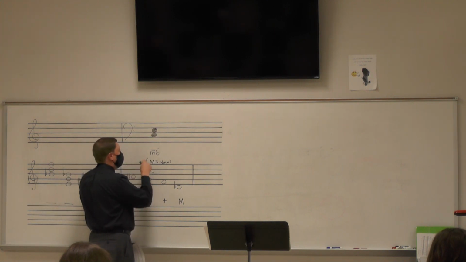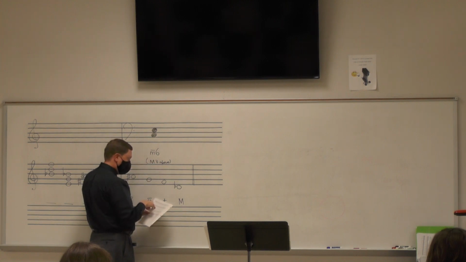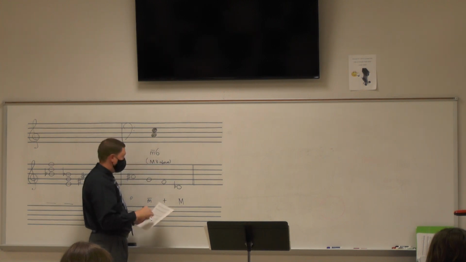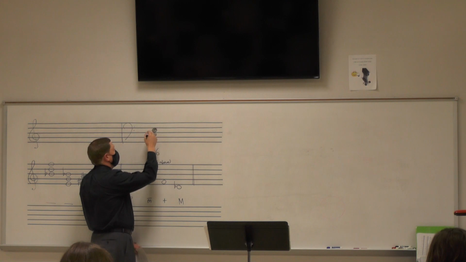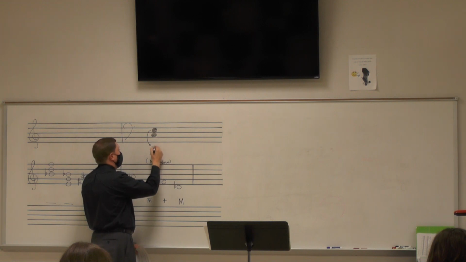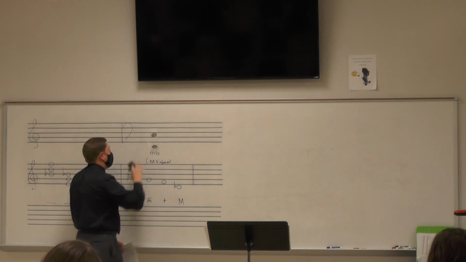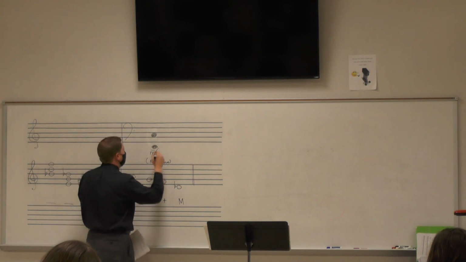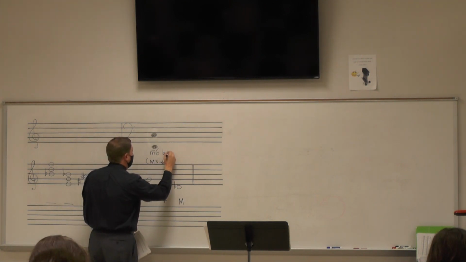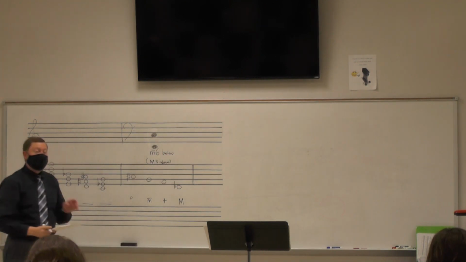So then, remember, all your answers are supposed to be below the given note. So what you should do then is just drop that note that you found an octave. And it turns out that this E, with one ledger line below the staff in bass clef, should be a minor sixth below. And that would be my final answer for that.